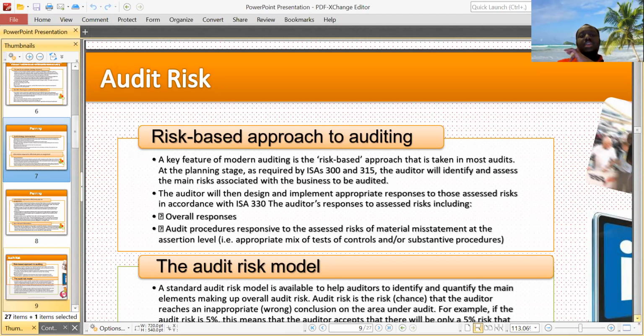Now, when the auditor has been able to identify and assess the main risk, what do they do next? The auditor will then design and implement appropriate responses to those assessed risks.